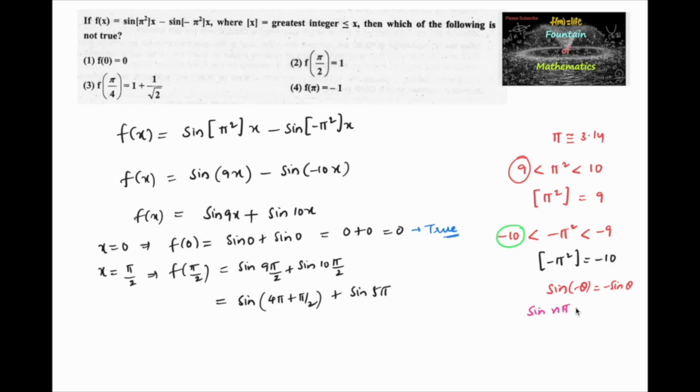Sine n pi is always equal to 0 for any integer, so sine 5 pi will be 0, and sine of 4 pi plus pi by 2 can be taken as sine pi by 2. Sine pi by 2 value is 1. So we can write 1 plus 0, which is equal to 1. So the second option is also true.